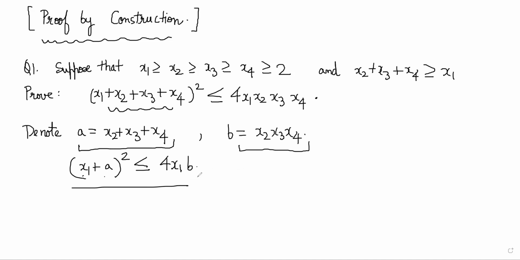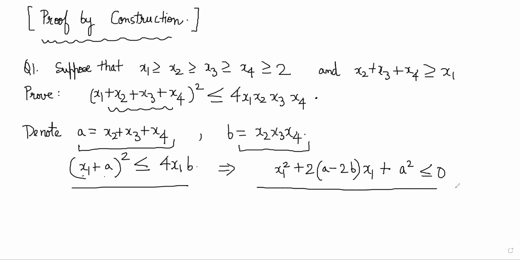So this is what we have to prove, which is equivalent to x1 square plus 2 times (A minus 2B) into x1 plus A square is less than or equal to 0.